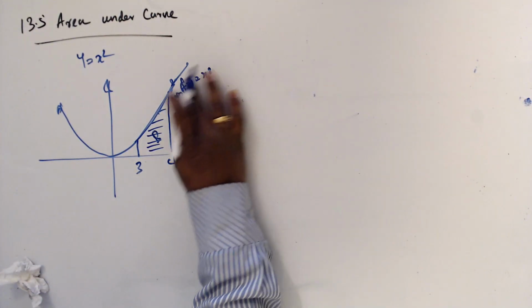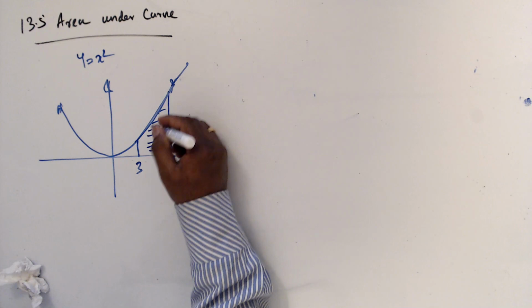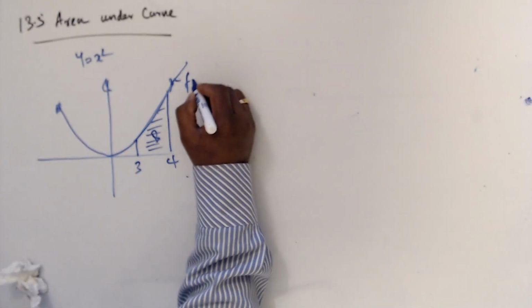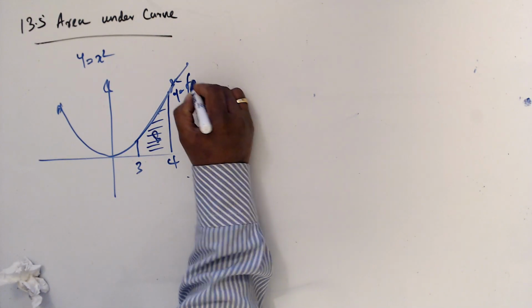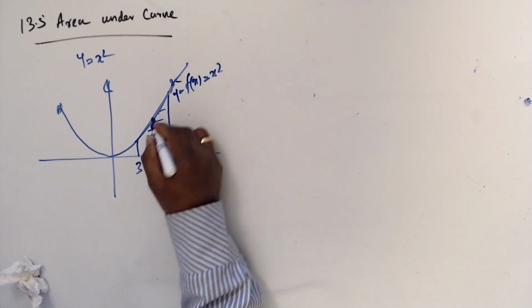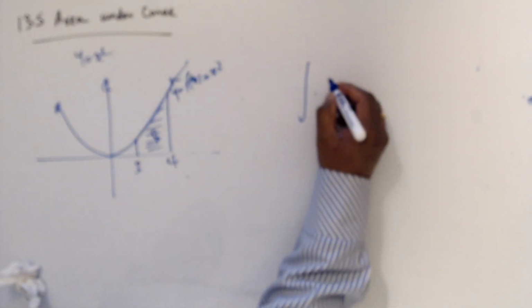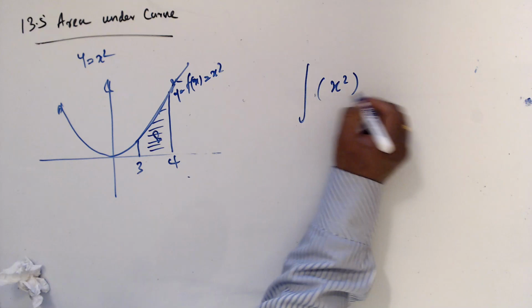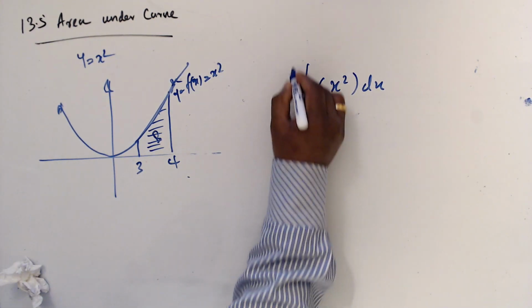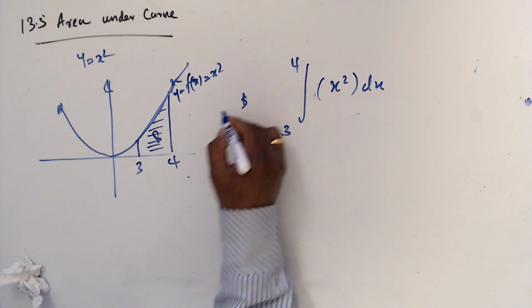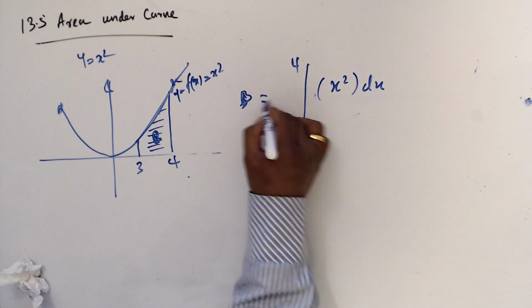So if I need to get the y equals f(x) equals x square curve, find this area. Simply the integral of x square dx from 3 to 4. This area is B. That's all.